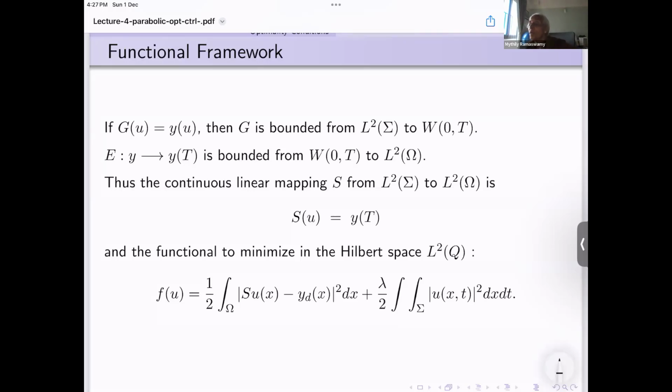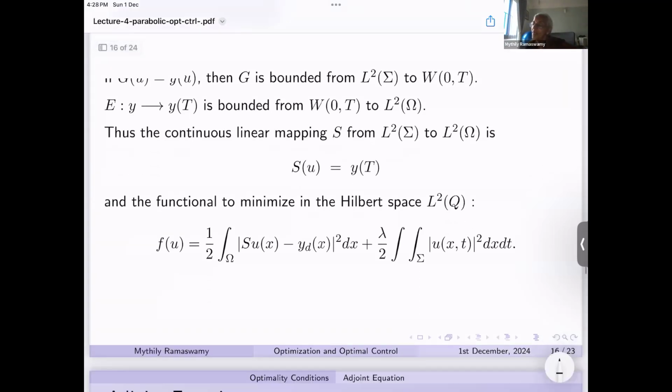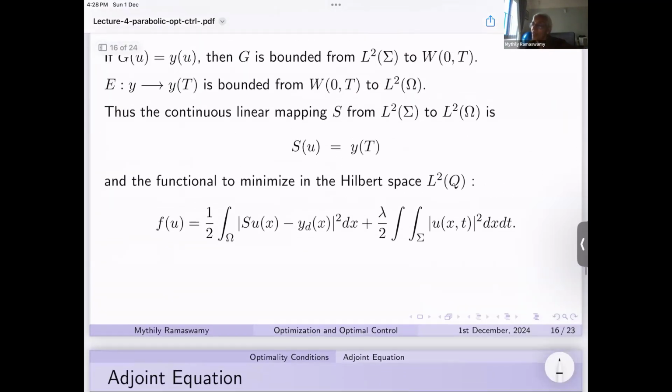How do we do that? We restrict it by taking the trace at time t equal to capital T, and that is the operator E. Thus the continuous linear mapping can go from L2 sigma to L2 omega. Finally, I have got my S, and so the derivative can be calculated.